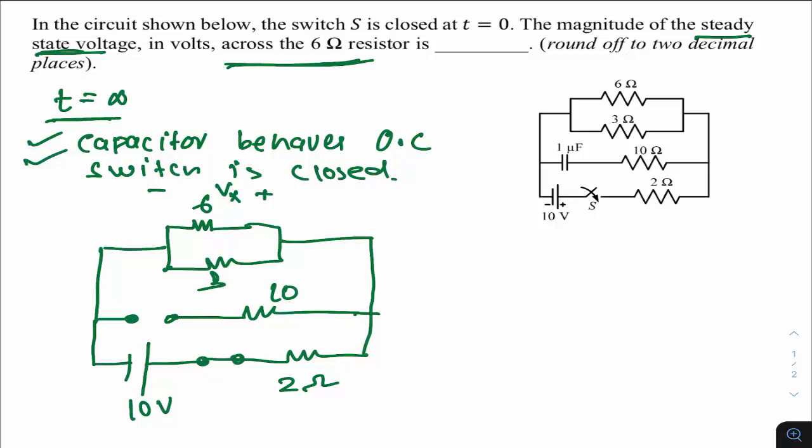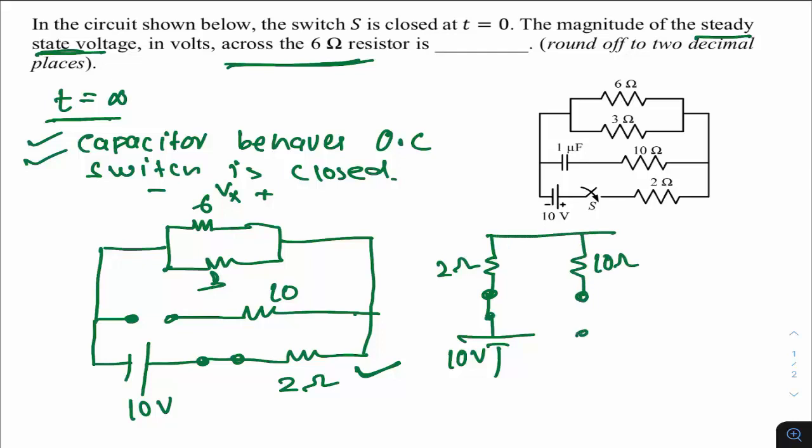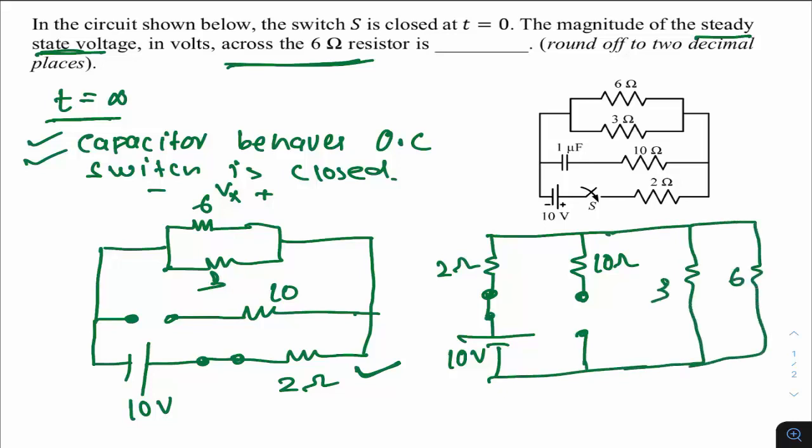For this particular branch, we have a 2 ohm resistor, then the switch, then the 10 volt source with this polarity, then this 10 ohm resistor, then the open circuit for the capacitor, and then 2 more resistors, 3 ohm and 6 ohm, which are in parallel. This voltage Vx we have to find. Polarity is not given, but anyway magnitude is asked, so whichever polarity you take, it doesn't matter.